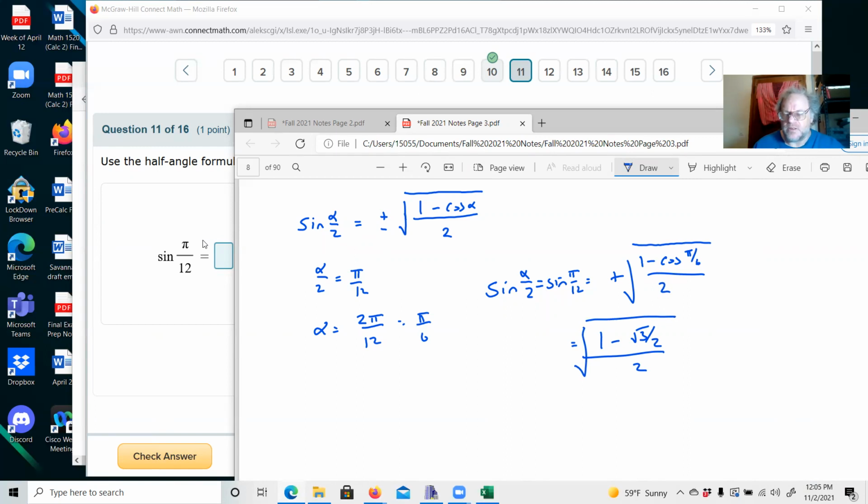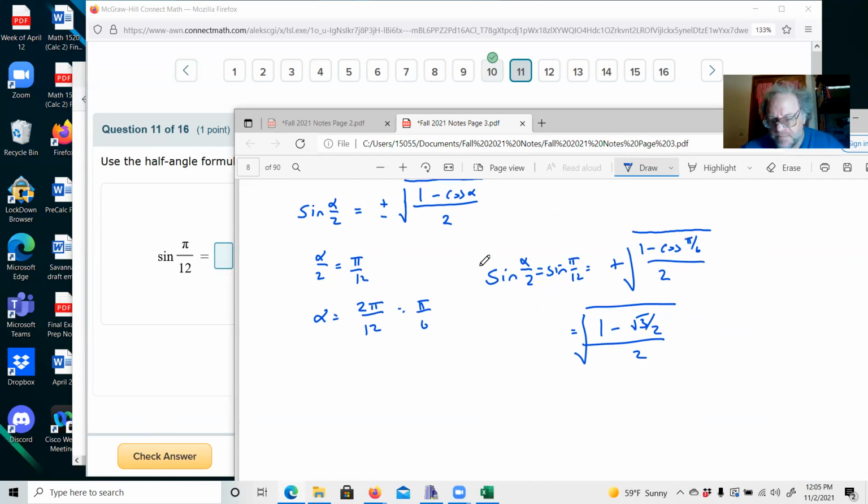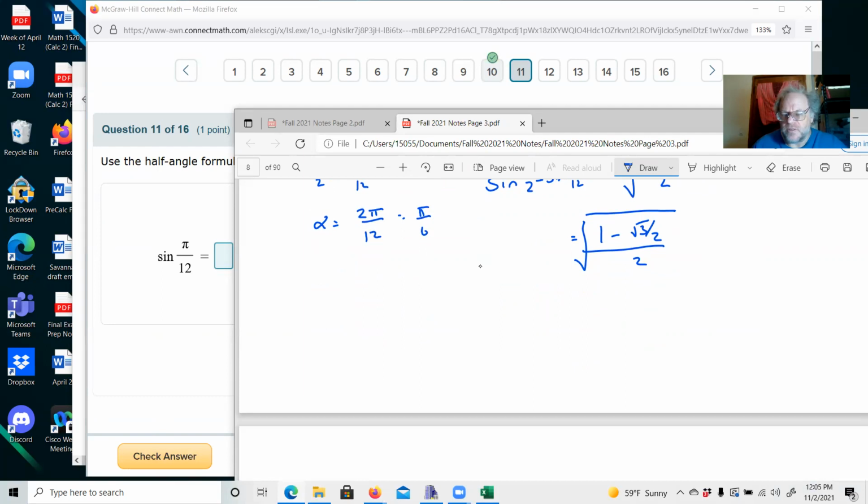All right, so let's go ahead and simplify this out. Can I multiply this by 2 over 2 to get common denominators? So this is the square root of (2 minus the square root of 3) all over 2, divided by 2 over 1. So this is 2 minus root 3 over 2 times 1/2, right?